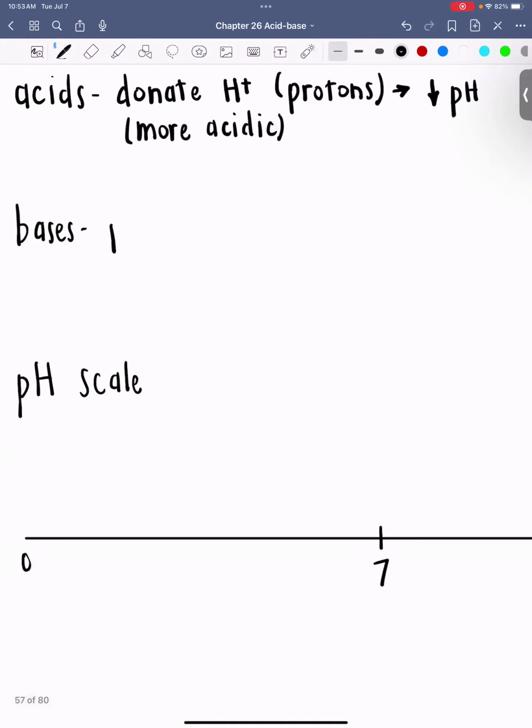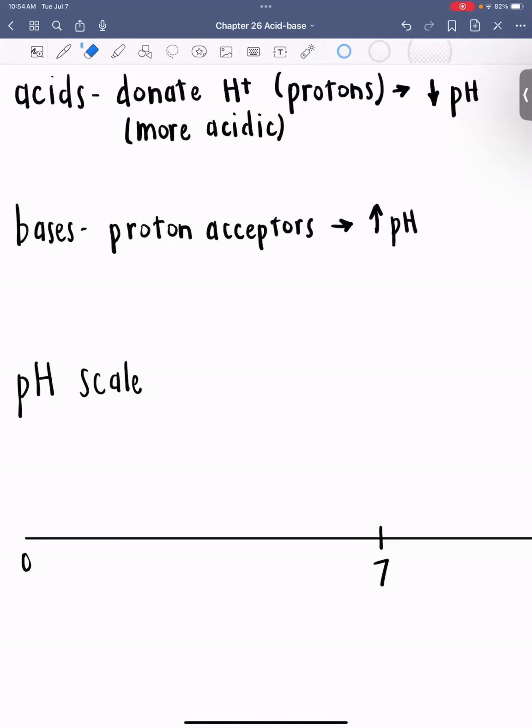Bases, on the other hand, are referred to as proton acceptors. So they combine with hydrogen ions, they tie them up, effectively removing them from solution, which raises the pH so that it becomes, we can say, less acidic or more basic.